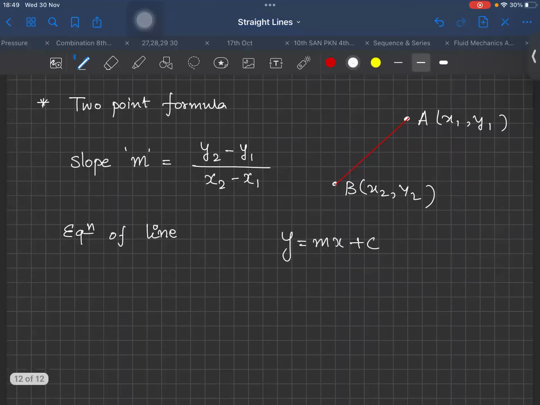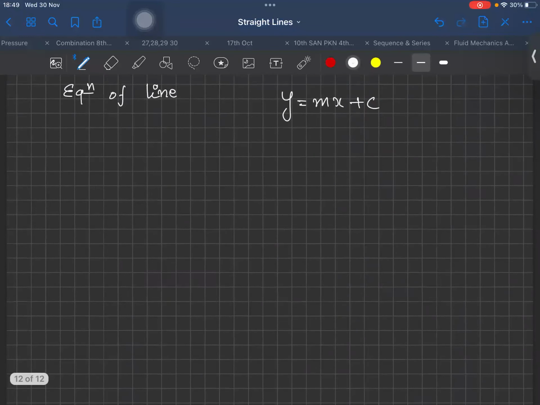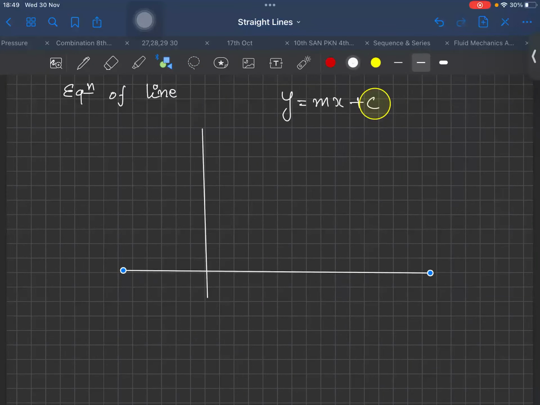C is the intercept. Let me tell you what c is. So this is your coordinate system, y, x. You draw any straight line you want. Let's draw this straight line. This is also a straight line, no?